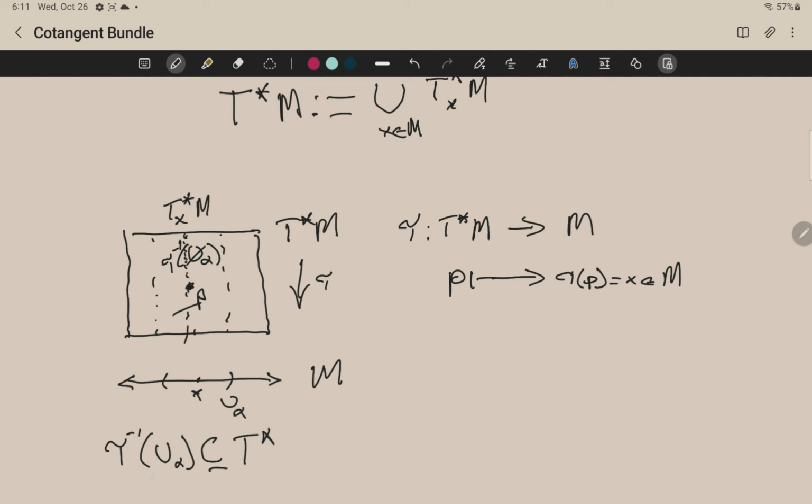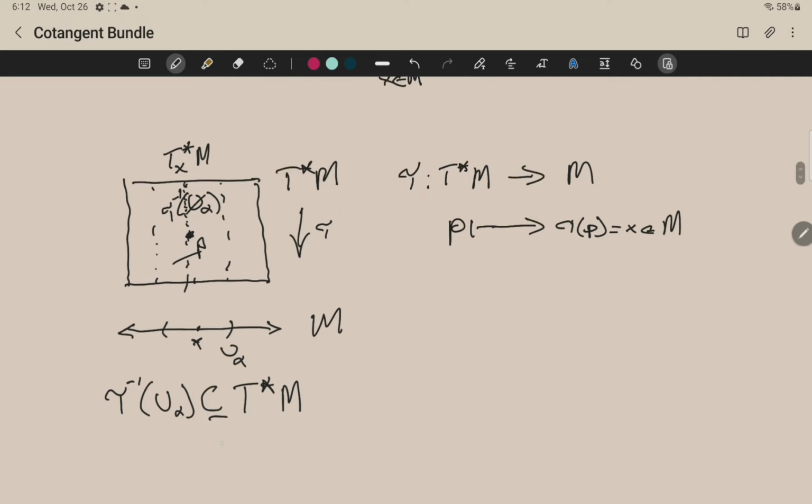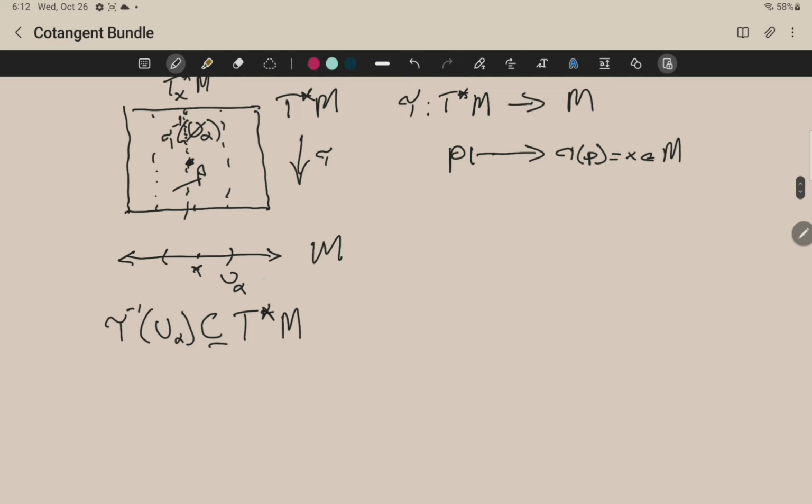So the domain of tau -1 of U alpha is a subset of the cotangent bundle. Now at the manifold level, again we have similar things.